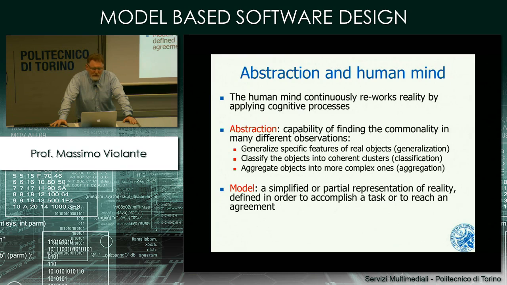And then, thanks to the capability of generalization and classification, we are able to put together objects that could fit together through the process that is known as aggregation. So these are all the concepts that we exploit in order to start from a very complex problem and simplify it to the point where the problem is manageable.